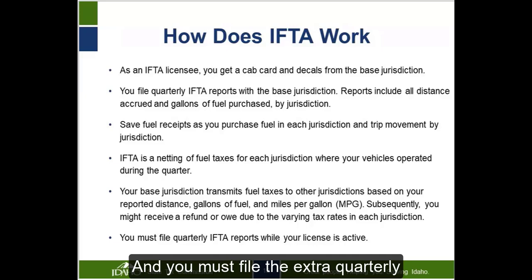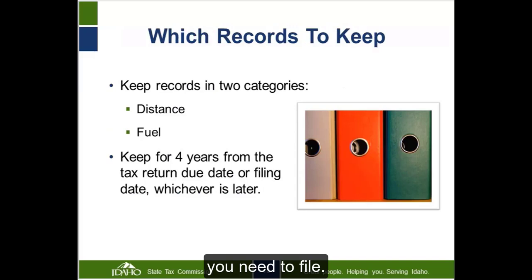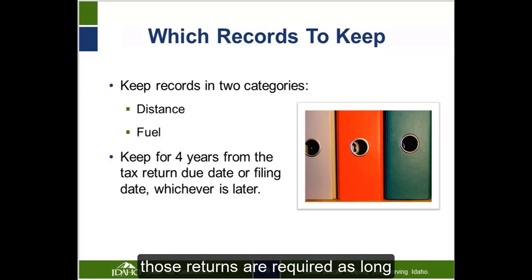And you must file the IFTA quarterly returns as long as your license is active. So even if you have 0 miles or 0 fuel, you still need to file, because those returns are required as long as your license is in standing. We keep records in 2 different categories.